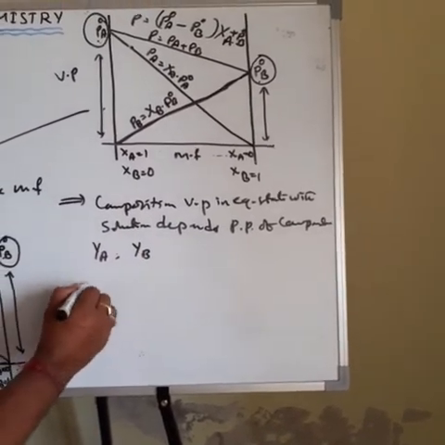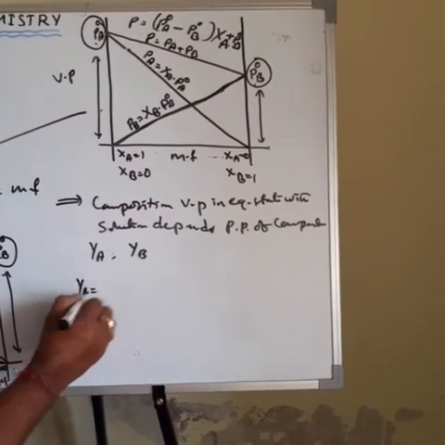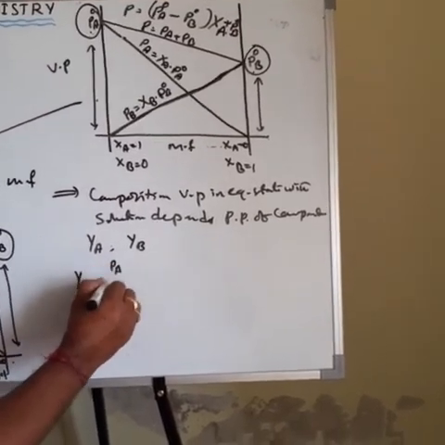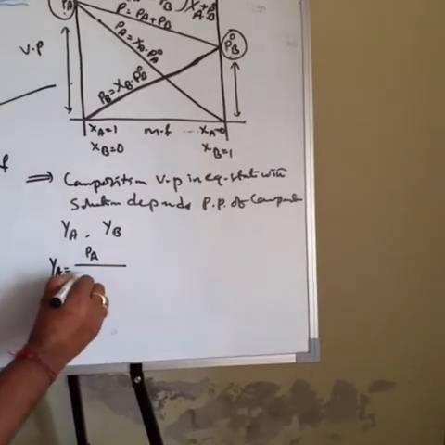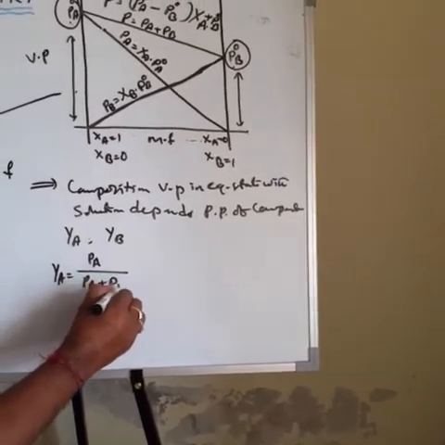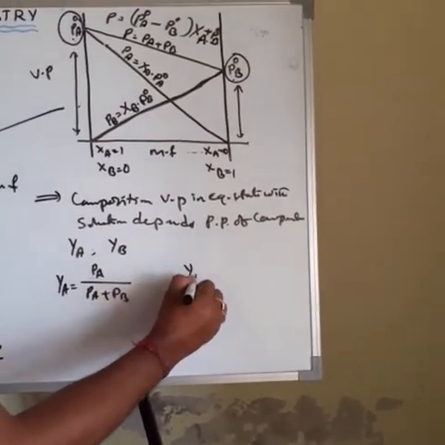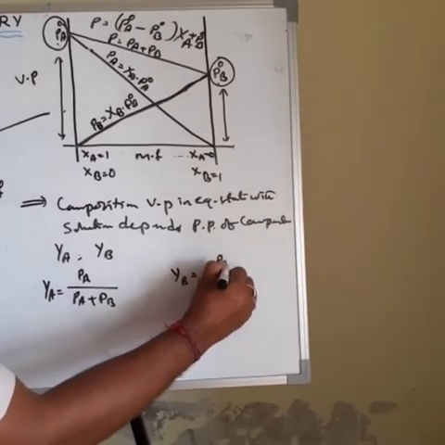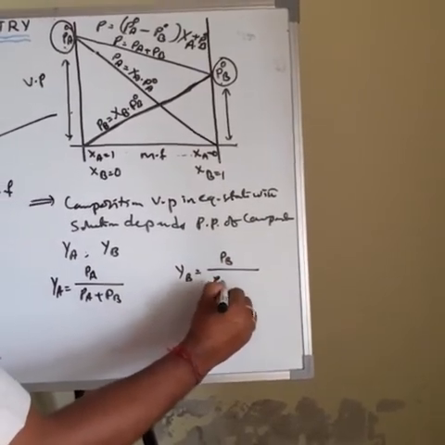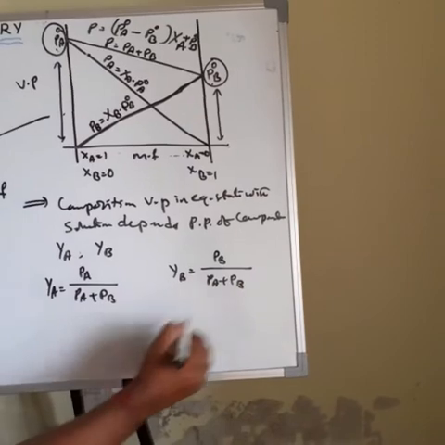Okay, then the mole fraction of the solute is equal to the partial pressure of the solute divided by the partial pressures of solute plus solvent. The mole fraction of the solvent is equal to the partial pressure of the solvent divided by the partial pressure of solute plus the partial pressure of the solvent.